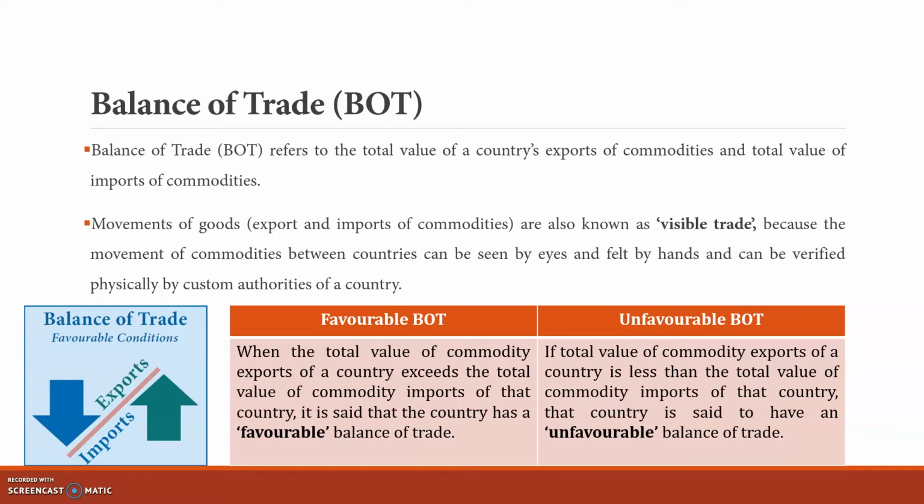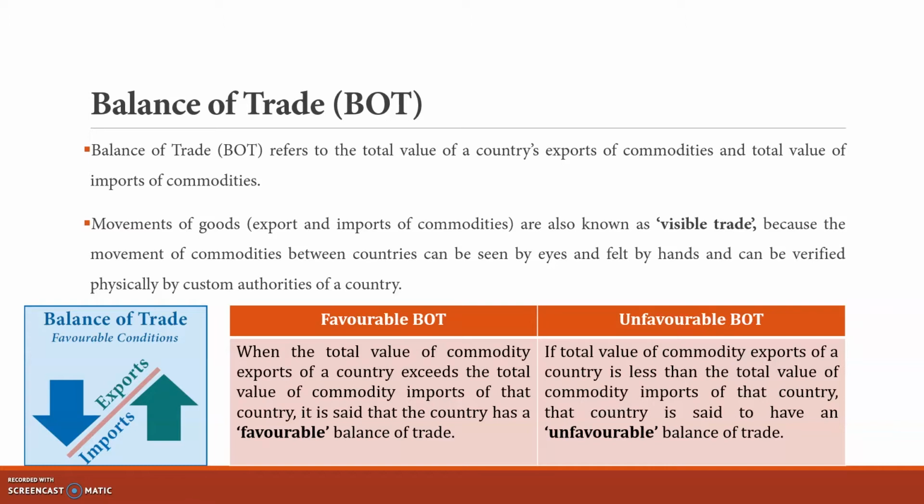Exports as well as imports of commodities are also known as visible trade. We can see the commodities. That is, from one country to another country, we are exporting the commodity through shipping or airways. Likewise, we are importing commodities through shipping or airways.